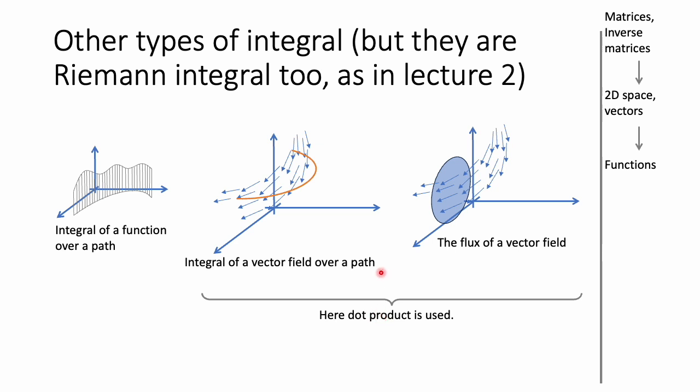And a minor addition to this slide is that although I say that these integral types are somewhat different from what we previously studied, I must once again emphasize that they are also so-called Riemann integrals. In order to define them, we don't have to develop another concept of integration. We don't have to modify the notion of integration as such.